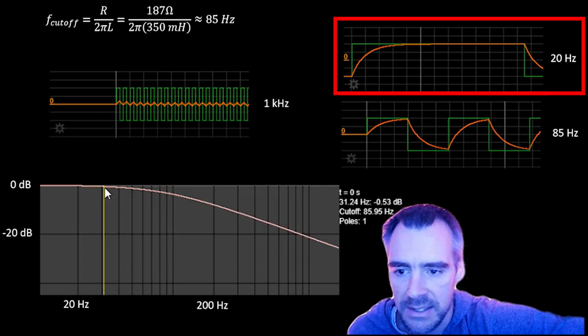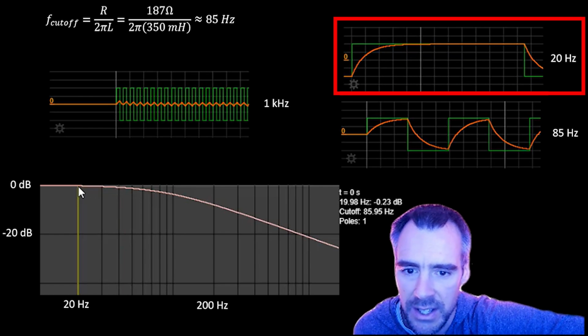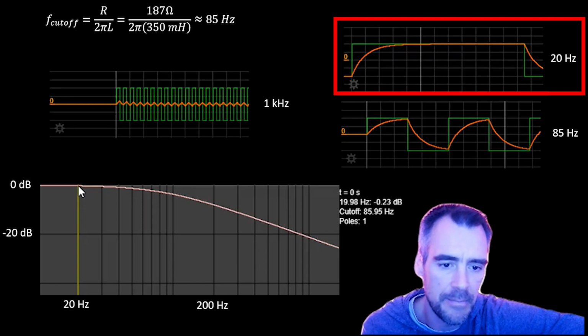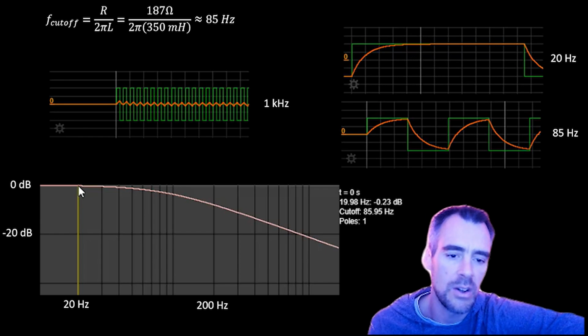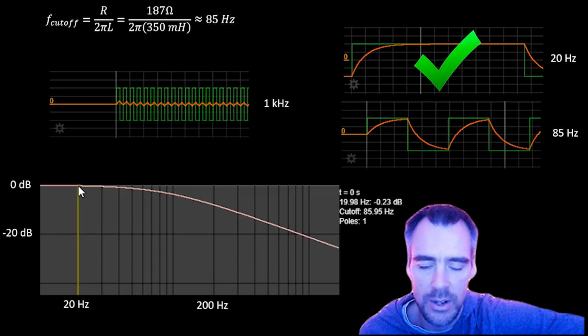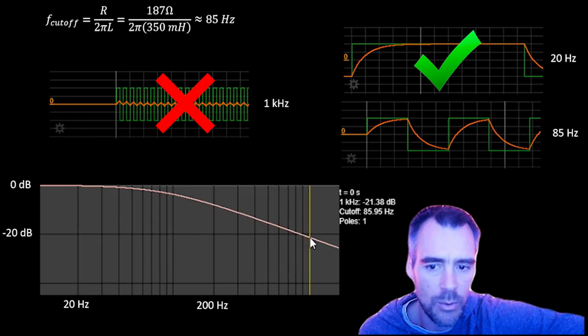But if we go back to say 20 hertz, then you can see this is actually doing pretty well. We have an attenuation of only negative 0.23 dB. And for the most part, it's really passing that whole signal at this point. So this is why we call it a low pass filter, because it's going to pass at 20 hertz with low attenuation, low dB here, but it's going to cut it off or reject at say 1 kilohertz or higher.